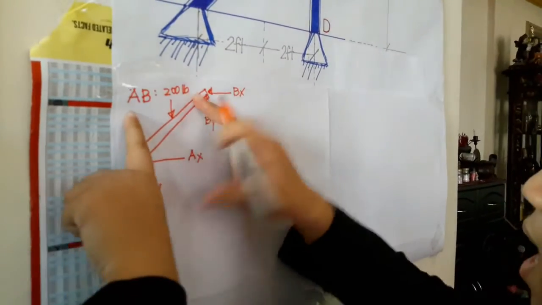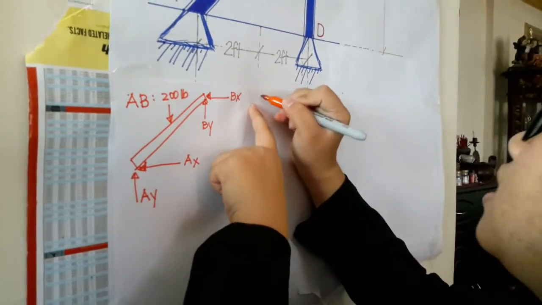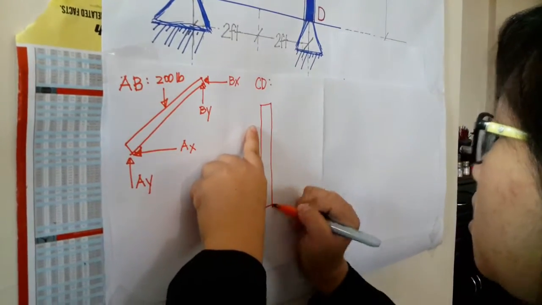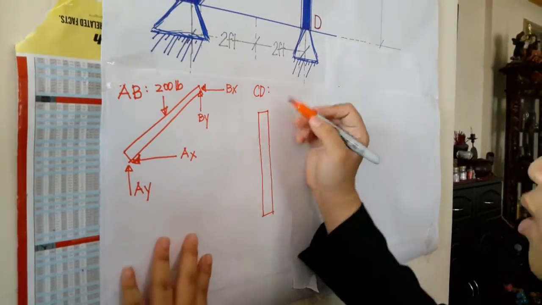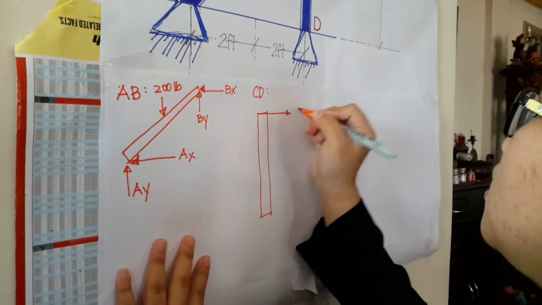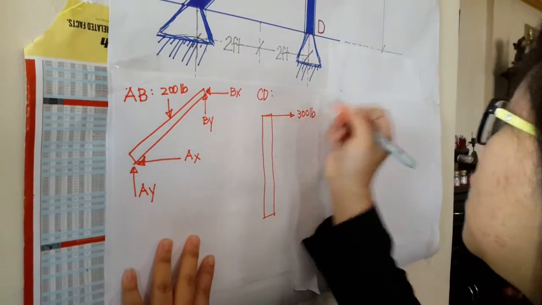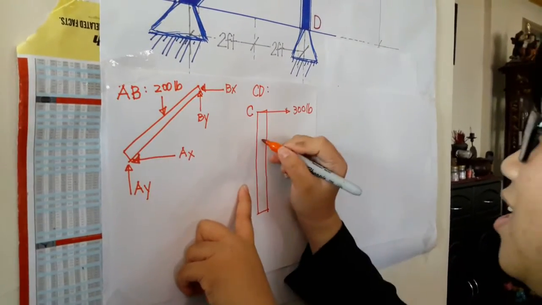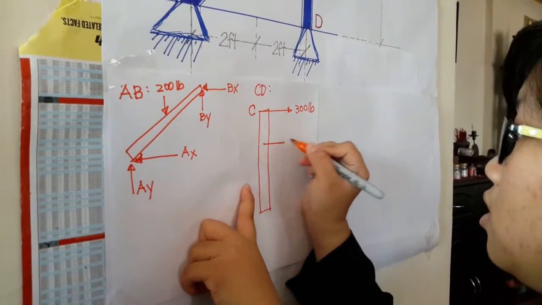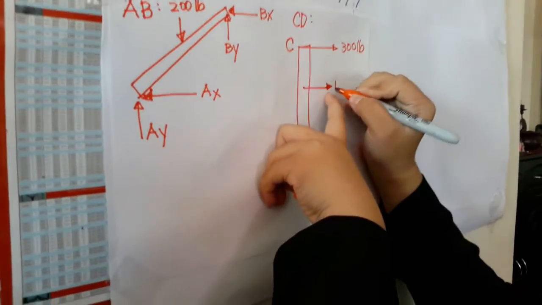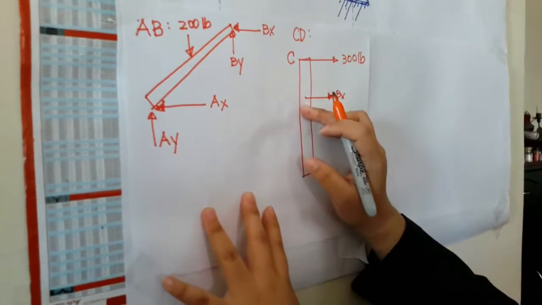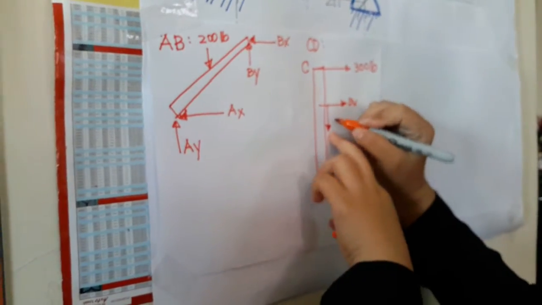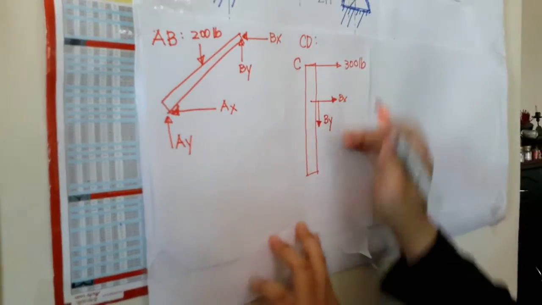Let's have the second member, CD. It's just a line or member. We have a 300-pound force at point C, and at B we have the horizontal force Bx and the vertical force By.